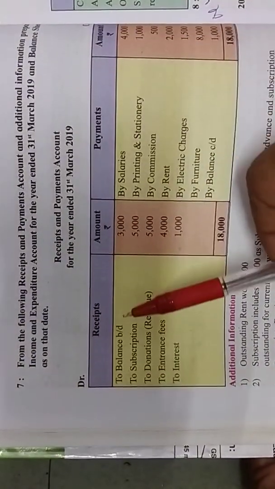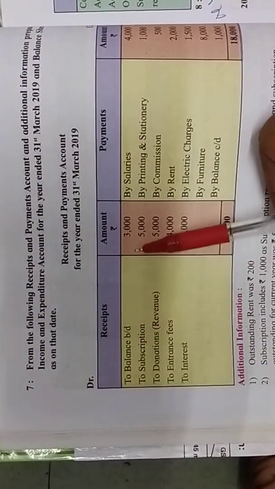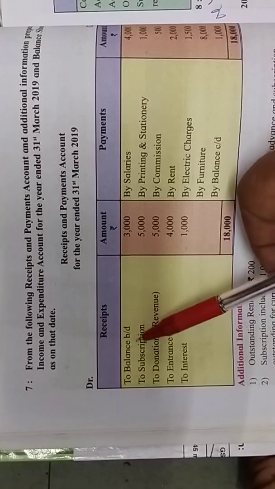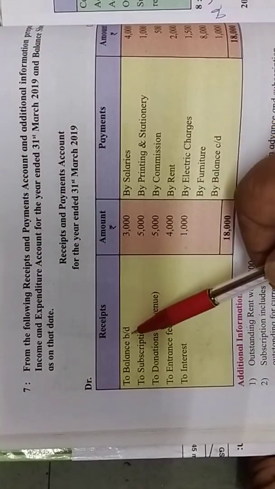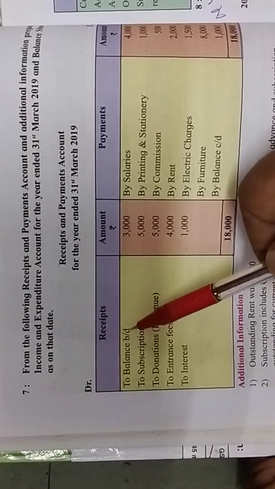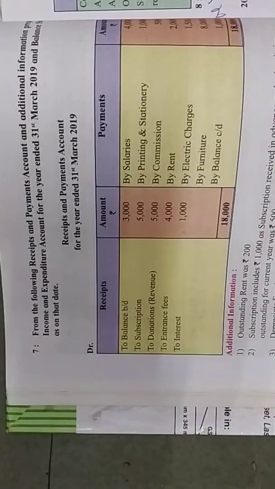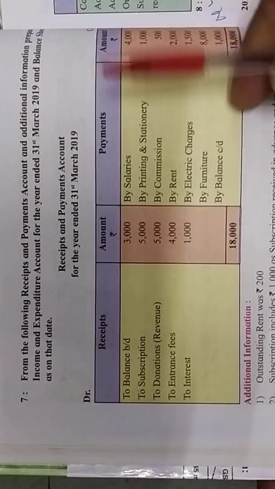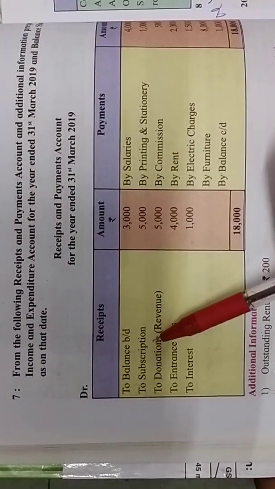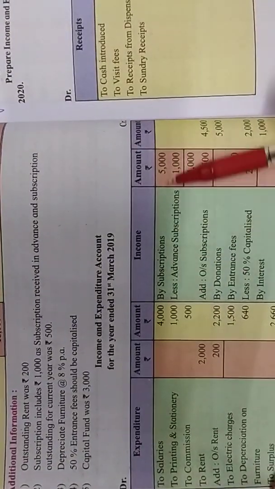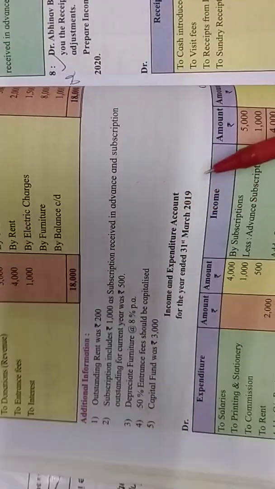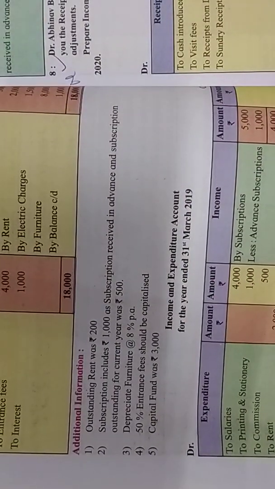Now the receipt side. To balance brought down 3,000. This is the last year balance carried down, and now it has been brought down. You have to delete this item. To subscription 5,000: income by subscription 5,000. There is adjustment number 2 on subscription.